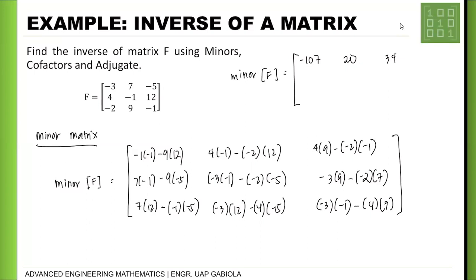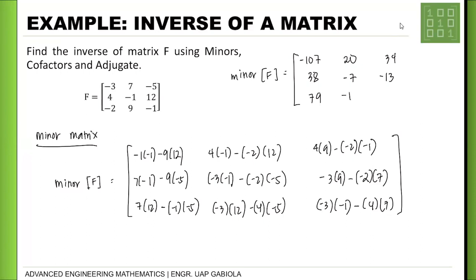Then 7 times negative 1 minus 9 times negative 5, 38. Negative 3 times negative 1 minus negative 2, negative 5. We have negative 7. Okay, negative 3 is 9 minus negative 2, 7, 13. 7 times 12 minus 1, negative 1, minus negative 1, negative 5, negative 3 times 12, for negative 5.